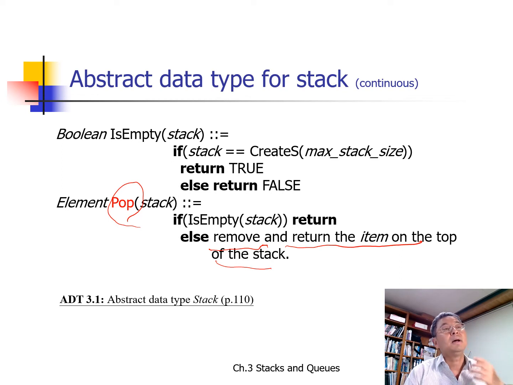Okay, so abstract data type means that it is defined using pseudocode. It is not exact code. So pseudocode will be used in abstract data type. So push and pop operations are implemented using something like pseudocode.